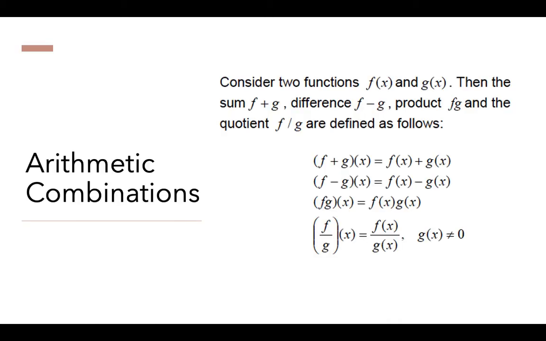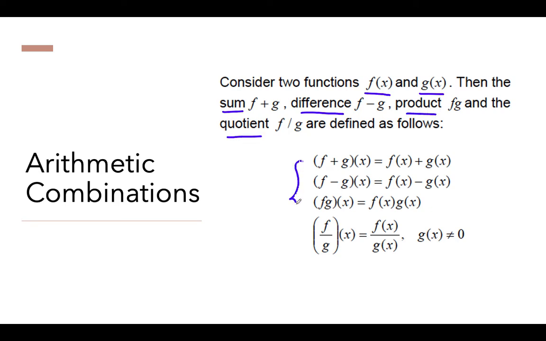First, we need to understand what arithmetic combinations are. When you consider two functions, they could be the same or different. With a first function f of x and a second function g of x, you can figure out the sum, the difference, the product, and the quotient.